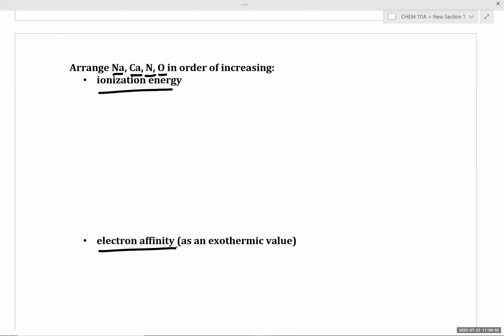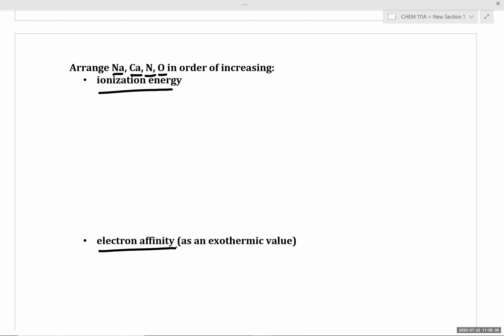And the ranking I see in the chat for the ionization energy looks great so far. Let's try to get some responses for the electron affinity. And the responses I see for the electron affinity look perfectly reasonable so far. Okay, so let's discuss this example.